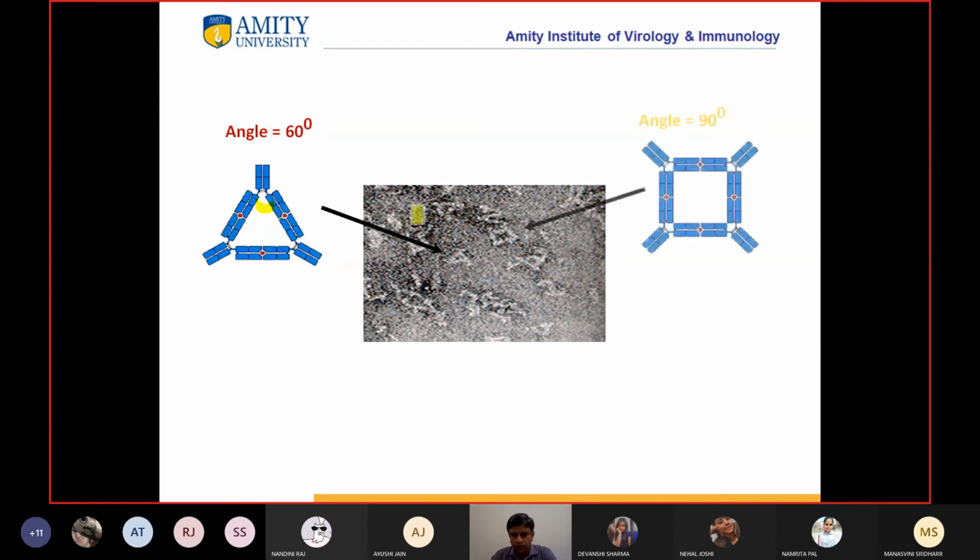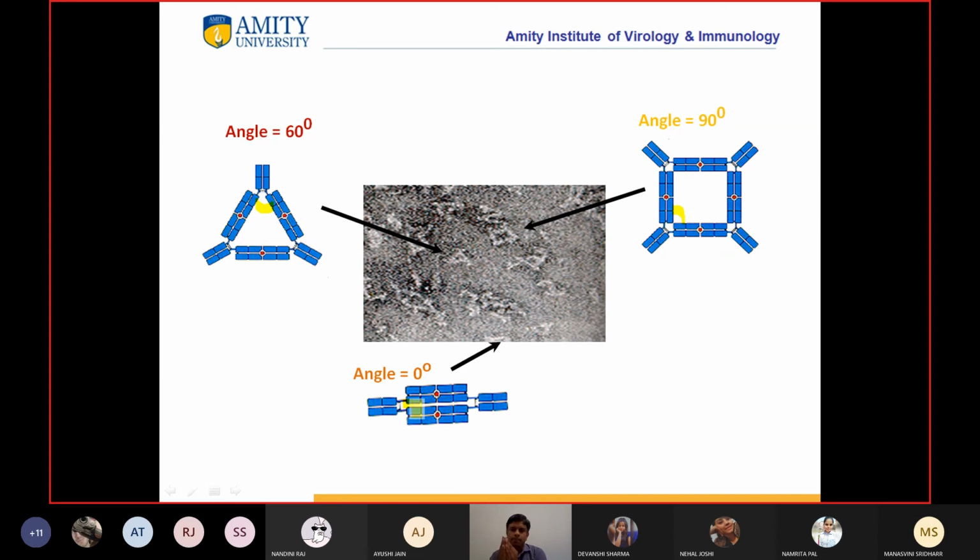If you see here, the angle between the Fab arms is almost 90 degrees, right? You see here the angle between the arms, the Fab arms, is 0 degrees, right?